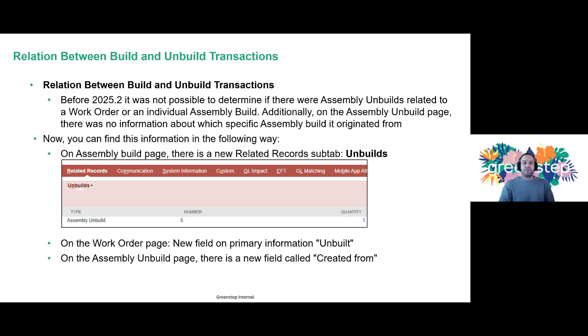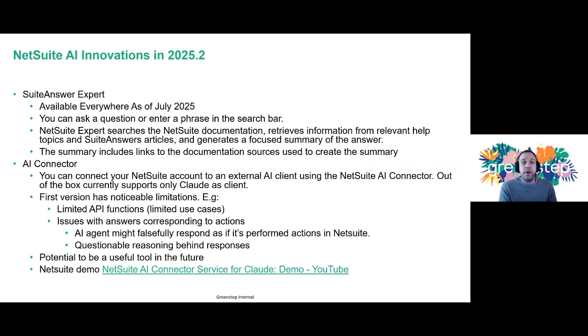So check it out. And next slide, we have a few AI innovations which we picked up. The first one is Suite Answer Expert. As probably some of you have noticed, it has been up and running as of July. It's an AI within the Suite Answer.